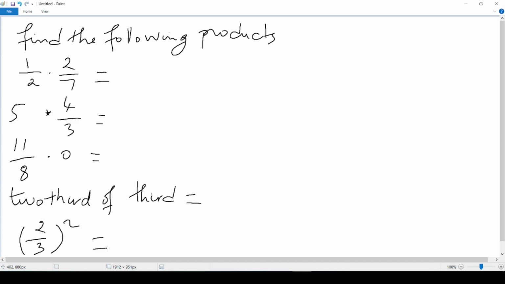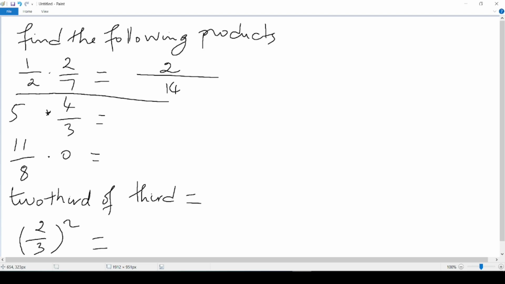So for the first one, 1/2 times 2/7, as we said, we'll multiply the numerators and then over multiplication of the denominators. So 2 times 1 is 2, and 2 times 7 is 14. So we leave it like this for now.